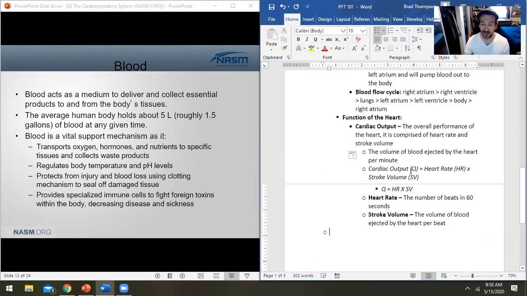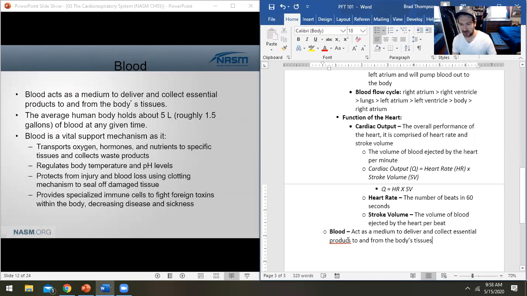All right, so blood is another part of your cardiovascular system, and it is going to act as a medium to deliver and collect essential products to and from the body's tissues.